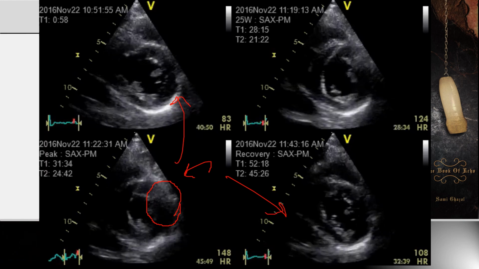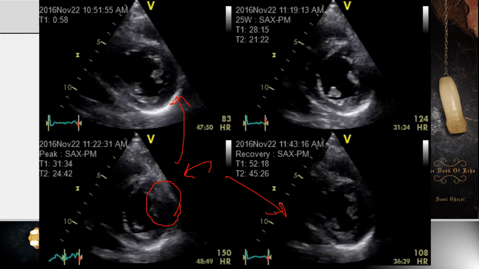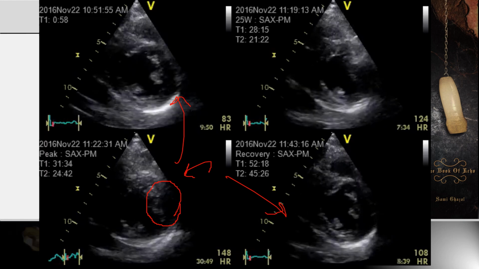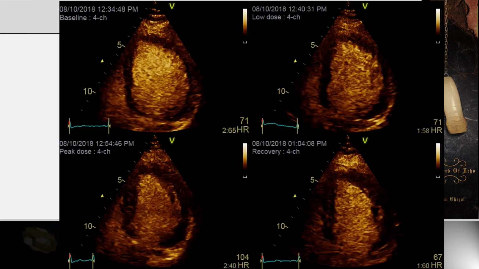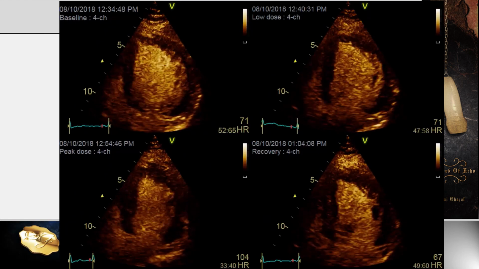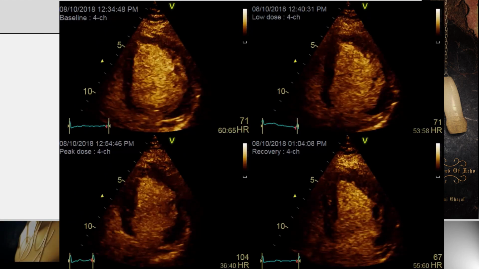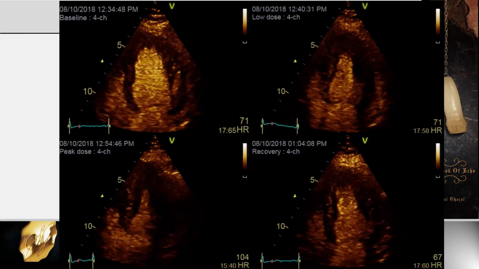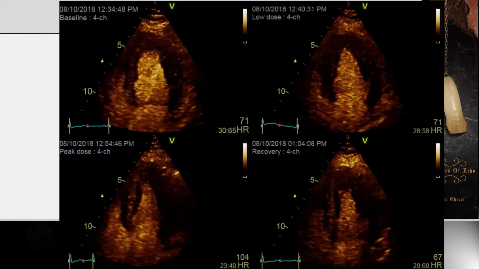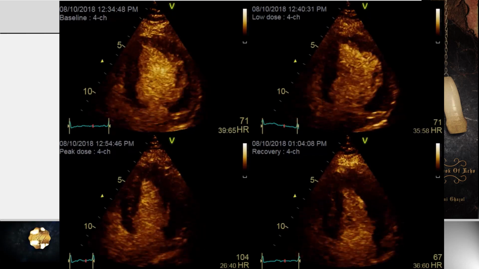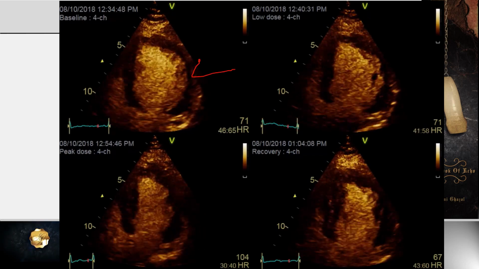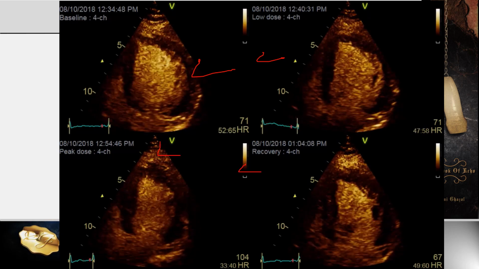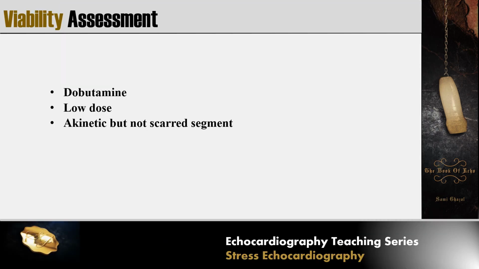It's always good to have a system that shows you side by side each stage of stress echocardiography. Again, as we mentioned, contrast or ultrasound enhancing agent can be used, and if used, should be used from the baseline, low dose, peak dose, and also recovery for the best comparison.